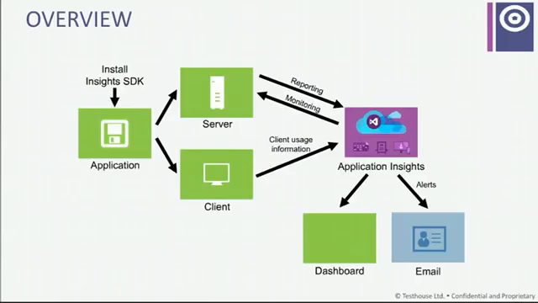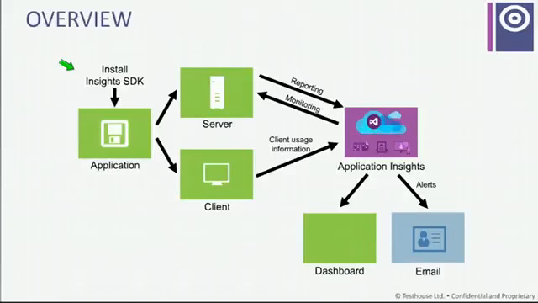So you have like 3 tools in one, and basically to use it, it's quite simple. You have your application here, and obviously it's limited what type of application you can use, because you need to use the Insights SDK, but we'll see this in a minute.